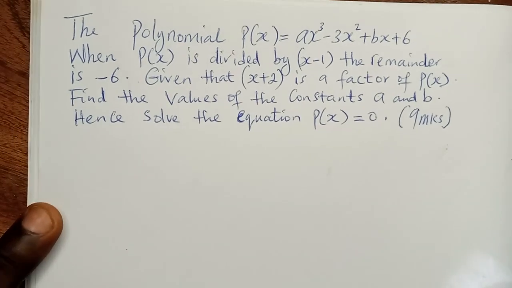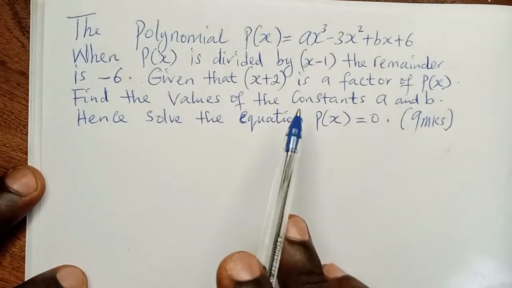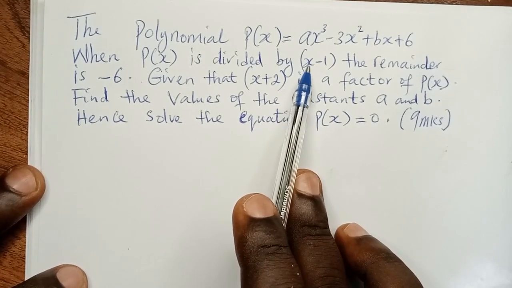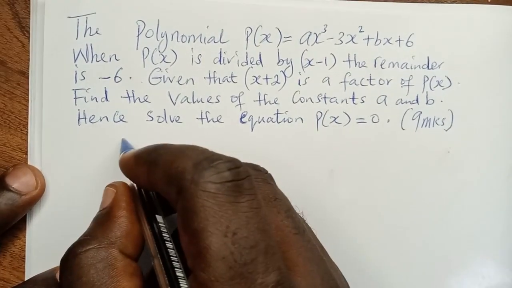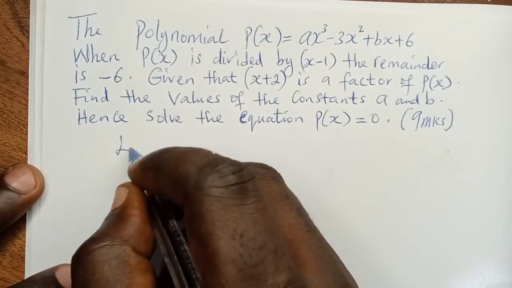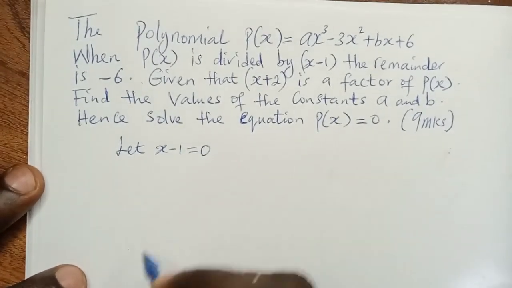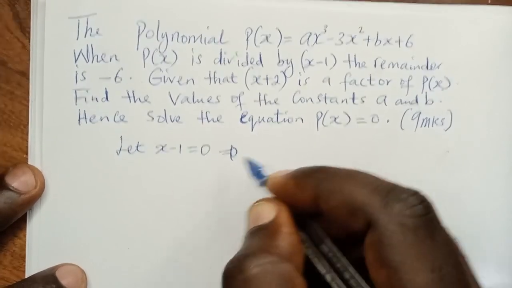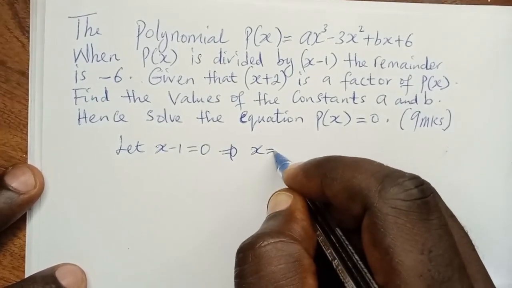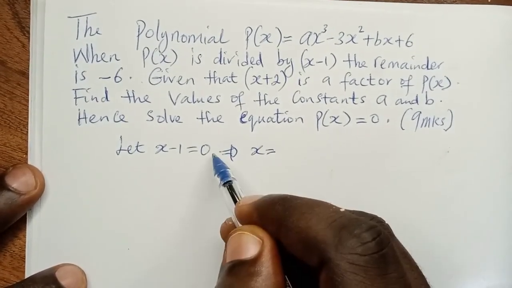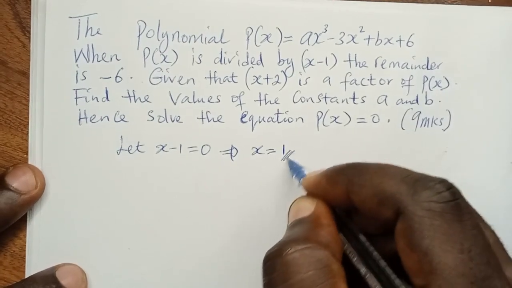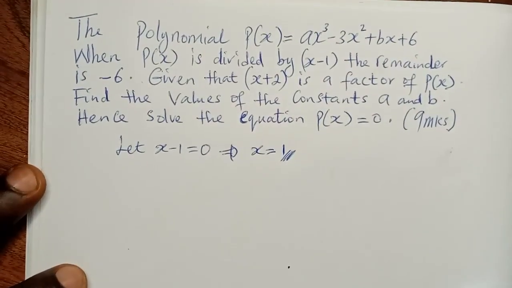So the first thing we are going to do here is to state that let x minus 1 be equal to 0. This will imply that x will be equal to, if we carry this minus 1 to the right, 1. So we have x as equal to 1.